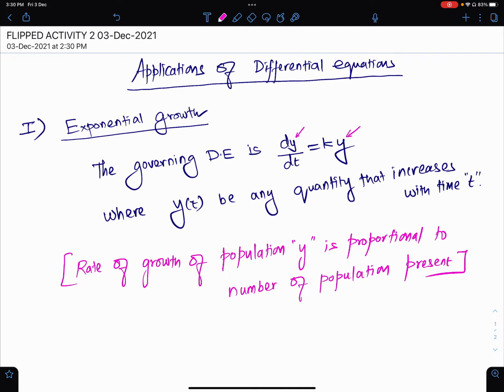So we know that the population is changing based on the current population.